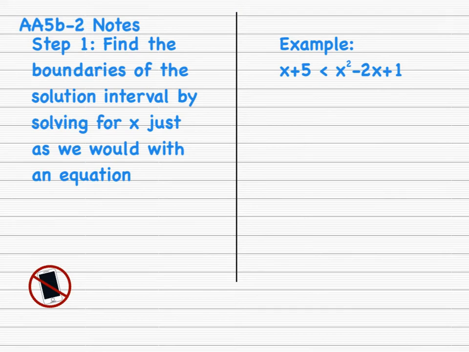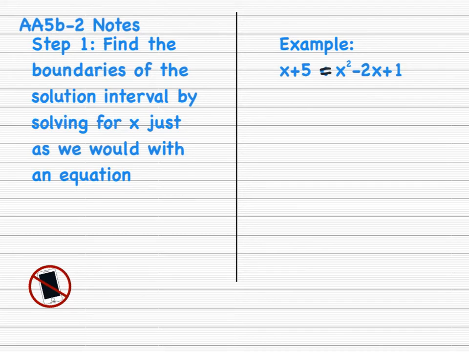What we're going to be working with now is solving a quadratic inequality. So instead of having an equal sign, I have a less than sign. What I'm going to do is use this as though it were an equal sign to solve it.